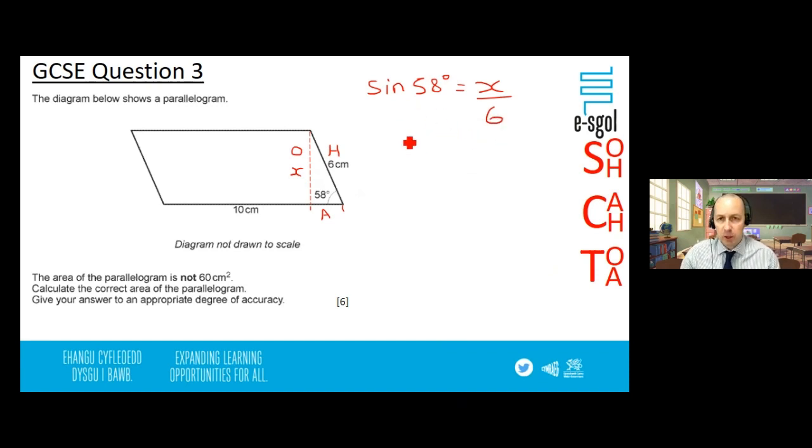I'm going to move that 6, so it multiplies by the sine of 58. All of that is equal to x. I'm putting my x over this side now, cheating a little bit, but move the x over and then multiply 6 by the sine of 58. And that gives me quite a long answer, which I'm not going to chop off. I'll explain why.